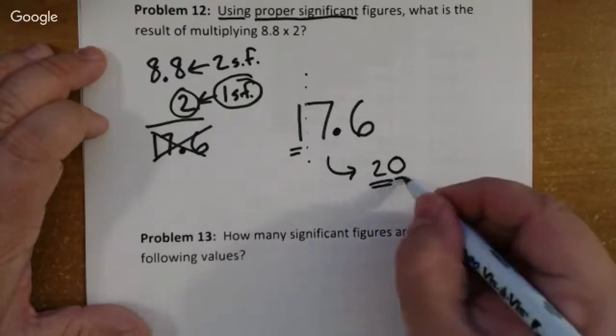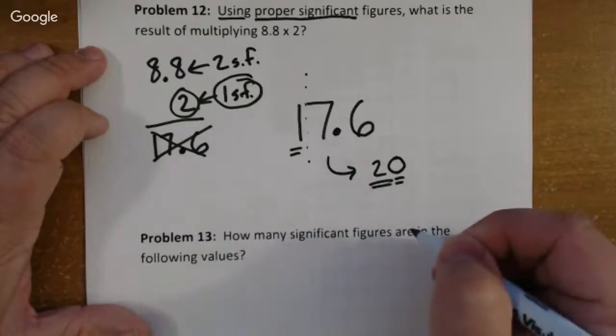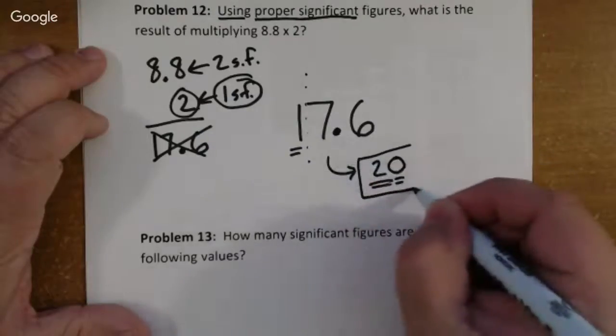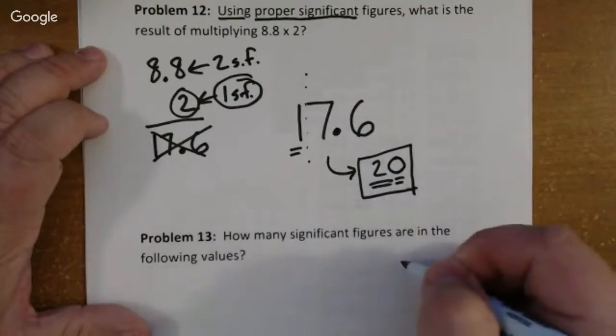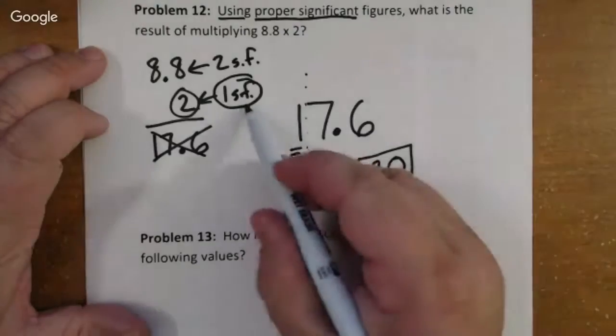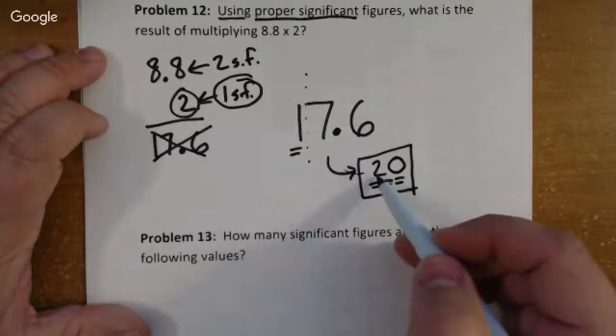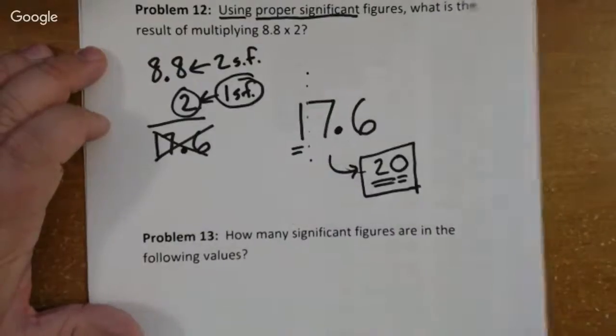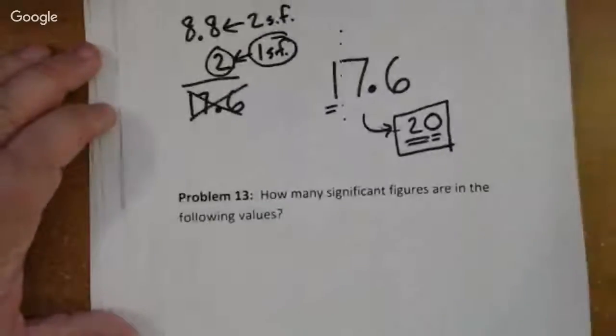And that 0 at the end is not significant, but it does play a role in making this a larger number and making the final answer 20. So 1 sig fig was kept in the final answer, 20 was our winner. Good job there, J. Hawkins, on predicting the answer.